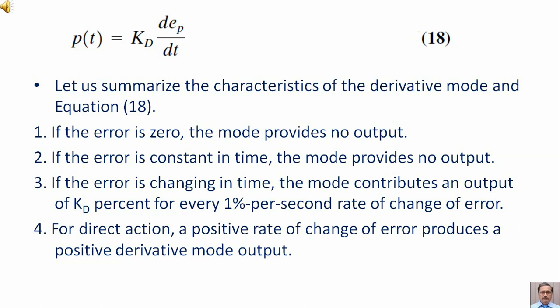If the error is changing in time, the mode contributes an output of k_d percent for every 1% per second rate of change of error. For direct action, a positive rate of change of error produces a positive derivative mode output.